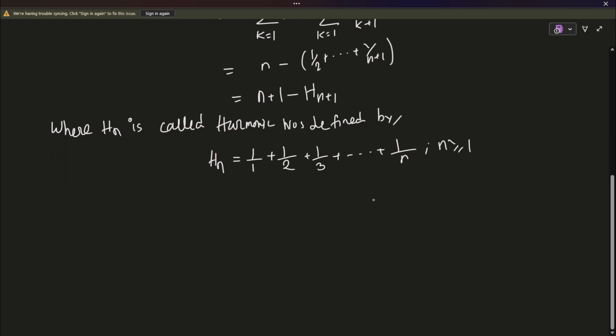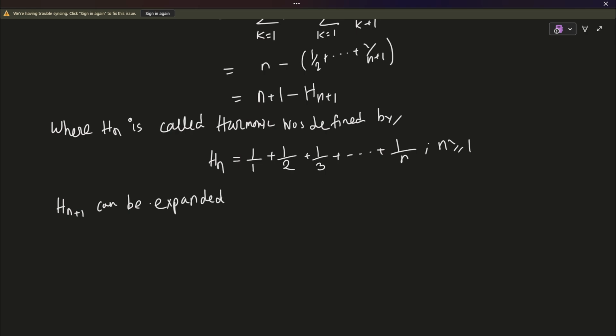Why is the harmonic number important to introduce here? Because the harmonic number has asymptotic expansions. So Hn plus 1 can be expanded as n tends to infinity, the numbers tend to follow a pattern. In this case, the harmonic numbers do follow a pattern.